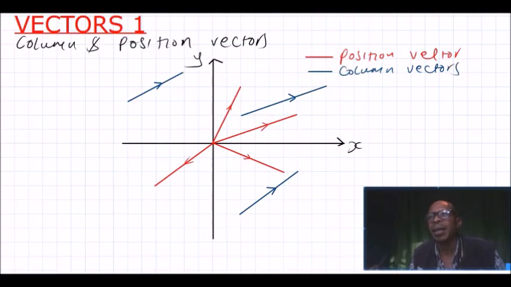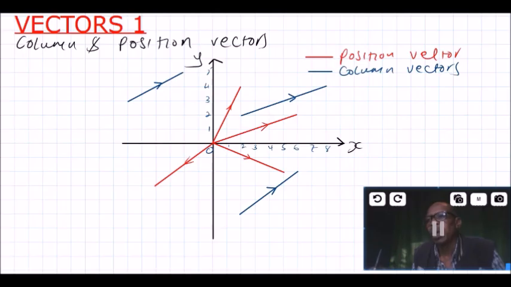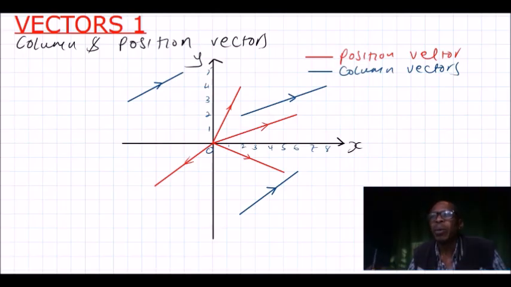Then you have to know how to write them. For a position vector, for example, this one, if we label this 1, 2, 3, 4, 5, 6, 7, 8, and 1, 2, 3, 4, 5, this is the origin, also denoted by the letter O. Now, when we are writing a position vector, for example, suppose this point is point A. Coordinates of A are 2, 4.